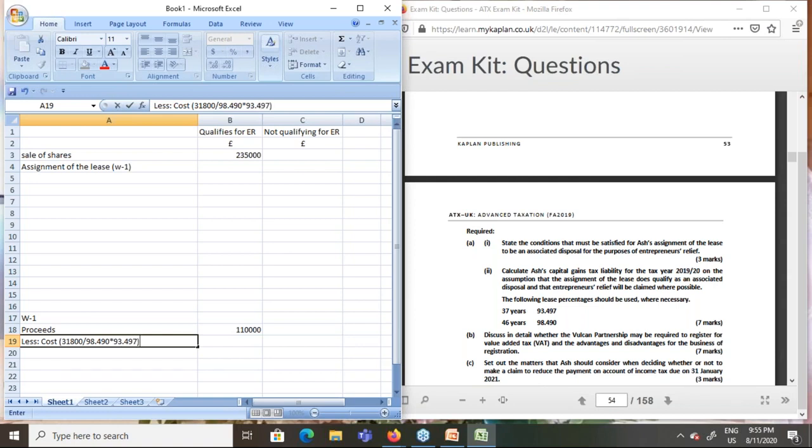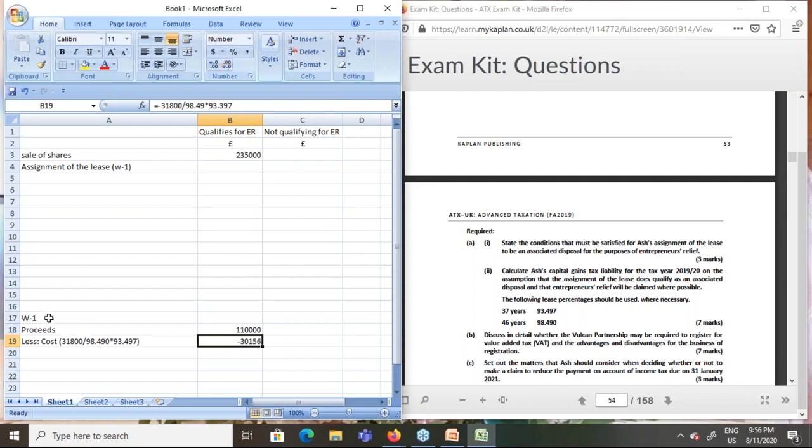So let's get the answer. 31,800 divided by 98.490 multiplied by 93.497. Don't leave decimals, round it to the nearest whole number.